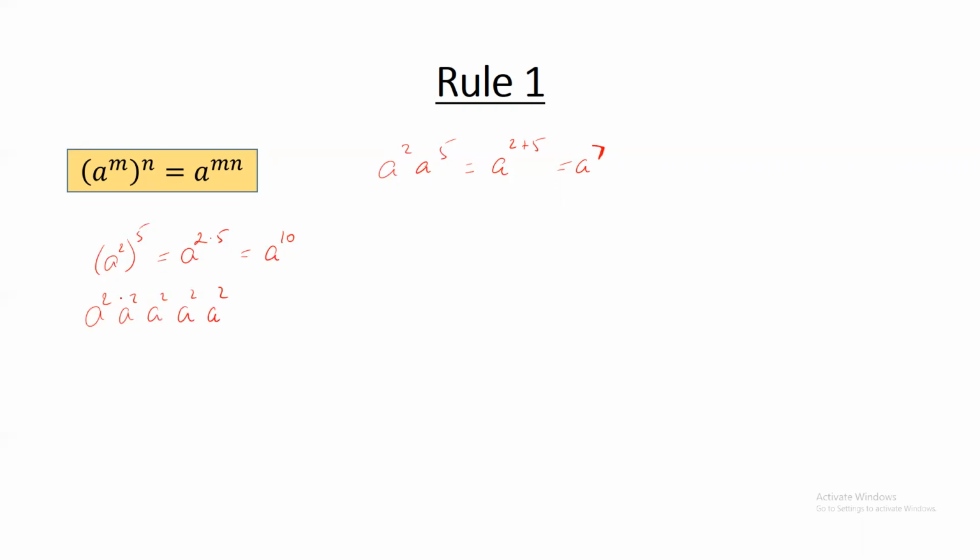And from here, you should see that since you're multiplying, you're adding the exponents. It's a to the power of 2 plus 2 plus 2 plus 2 plus 2. That's the 2 times 5, which is 10, right? You can always rewrite this as repeated multiplication and make some sense of it.